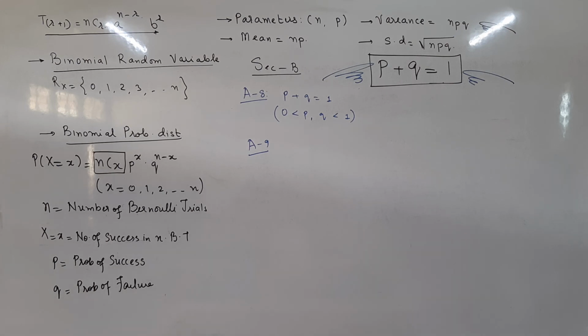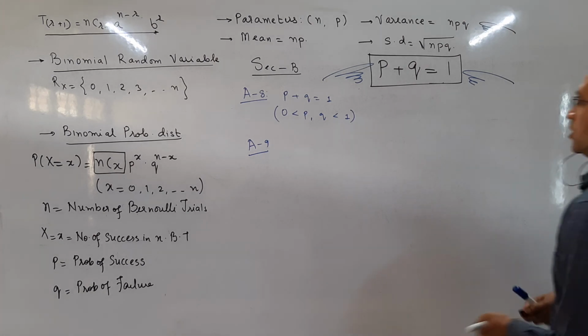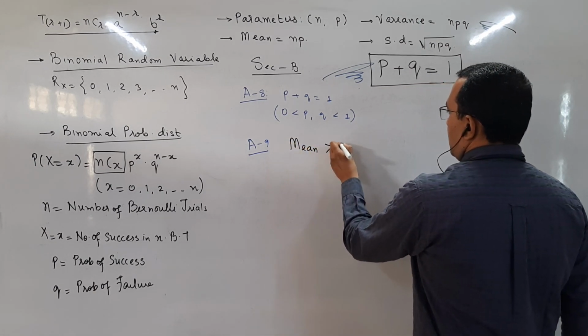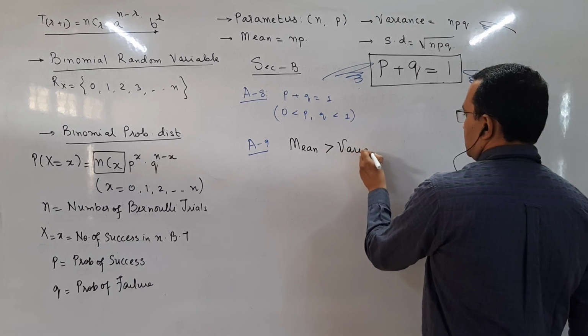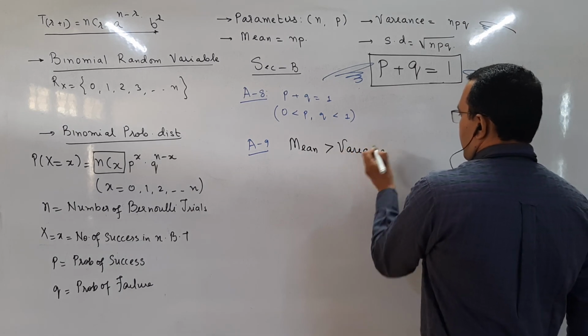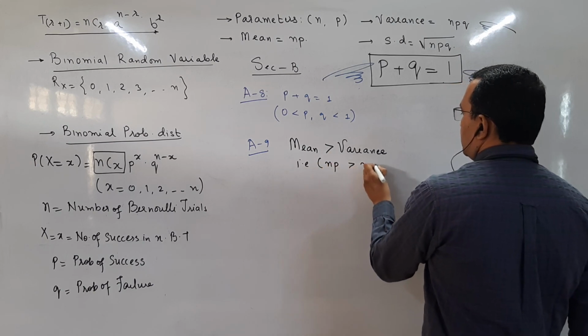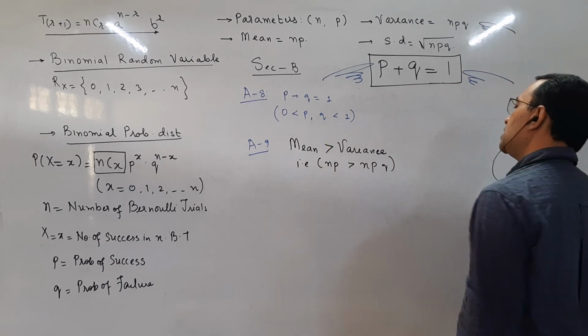Question 9. State the relation between mean and variance of binomial distribution. Mean is always greater than variance. That is, NP greater than NPQ.